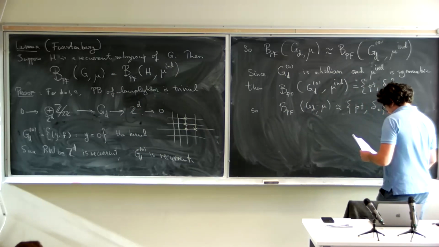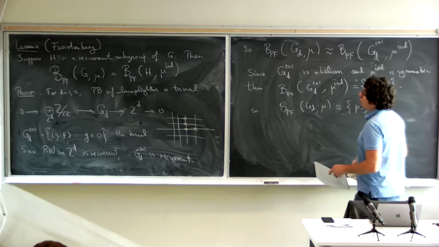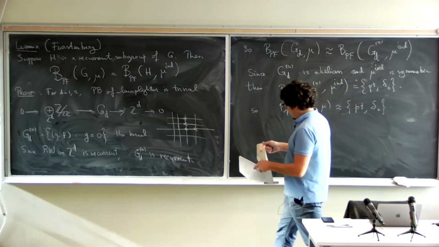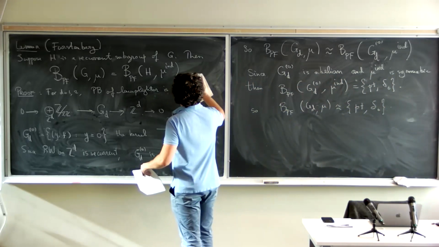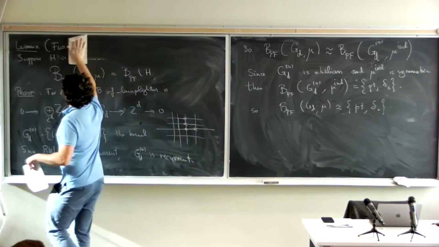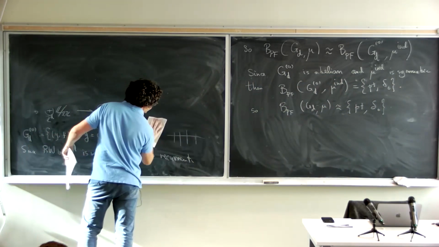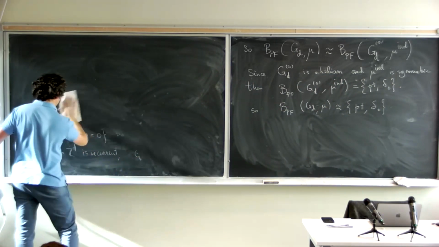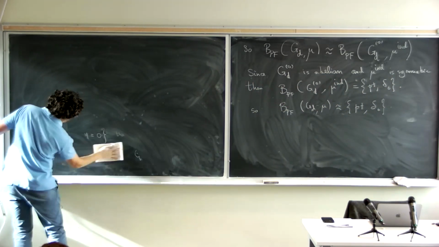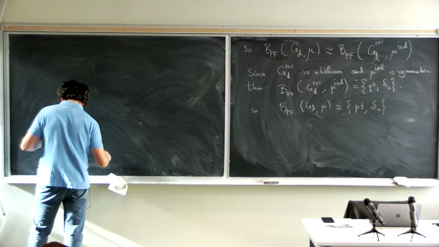let's write this down. So far we proved the triviality part. Now let's look at the non-triviality part. Non-triviality is easier, but the identification is the hard part, in fact.